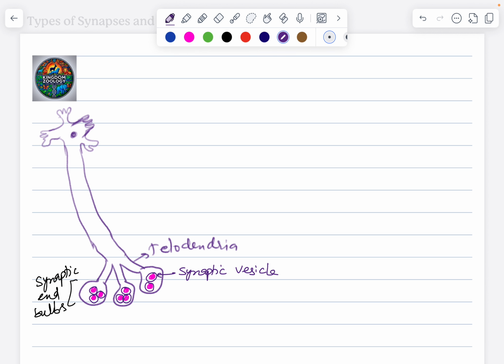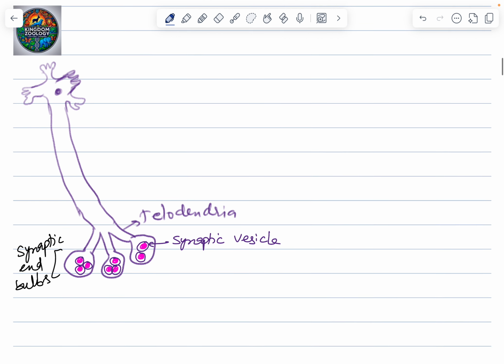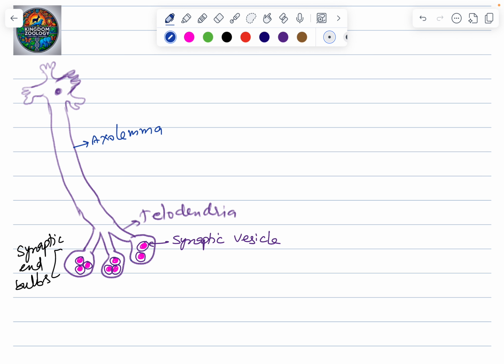So let me take you forward now to what exactly is a synapse and how many types of synapses are possible in our body. If you look at the structure of the neuron, we can notice that there is the cell membrane of the axon, that is called what? Axolemma. Then there is the cell membrane of your synaptic end bulb.